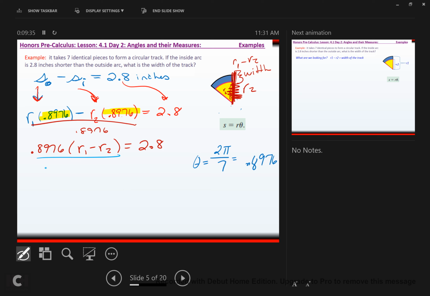To get that alone, I divide by 0.8976, and the width of the track equals 2.8 divided by 0.8976, which is 3.119. So let's call it 3.12. The width of the track is 3.12 inches.